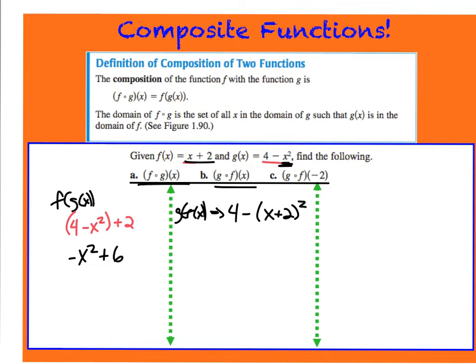Now what do I do with that squared quantity? I get to FOIL it, exactly. However, make sure you use parentheses here, because I have 4 minus. Now, x plus 2 FOILed out. My first terms would be what? X squared. What do my middle terms become? 4x. Okay, you got a 2x and a 2x. That becomes 4x, and then plus 4.